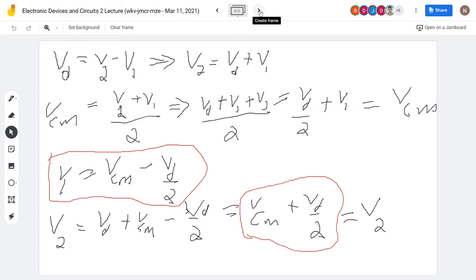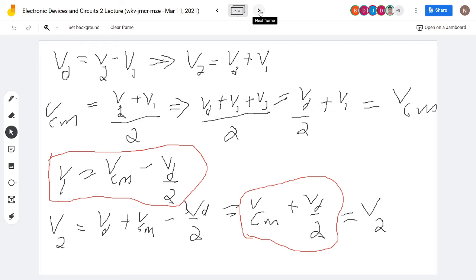And the reason why it's important, let's go back to the equation we had before. We have this expression in terms of V1 and V2. And we have this expression in terms of VCM and VD.